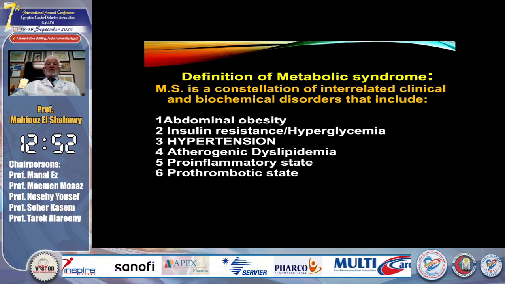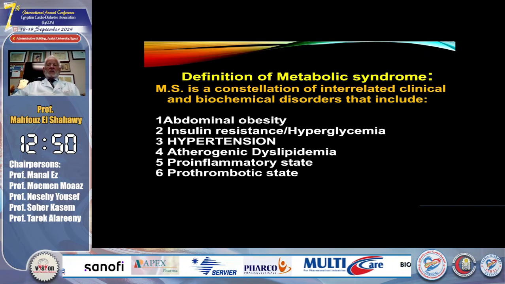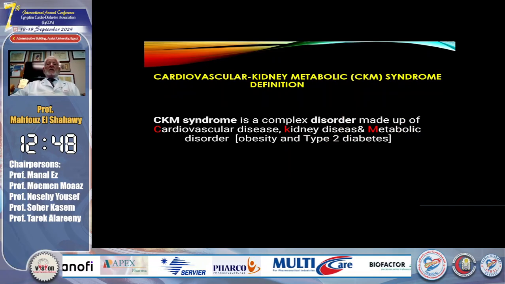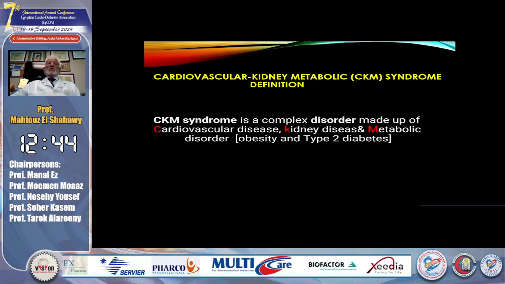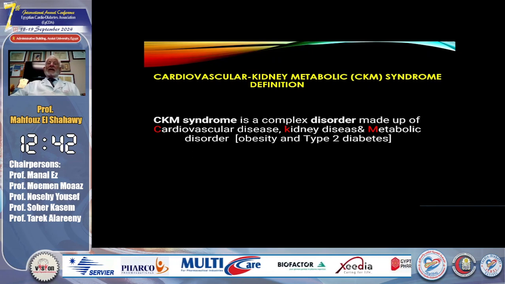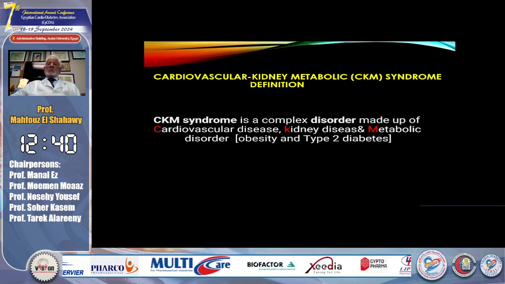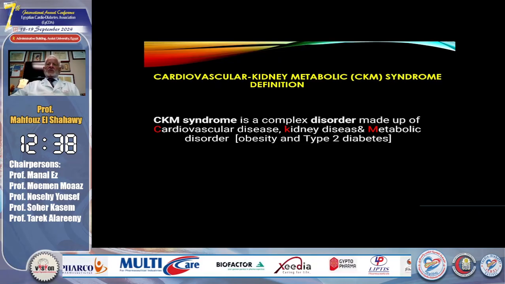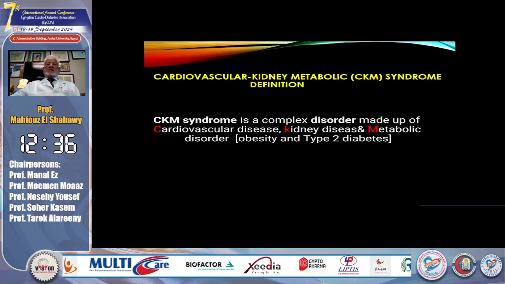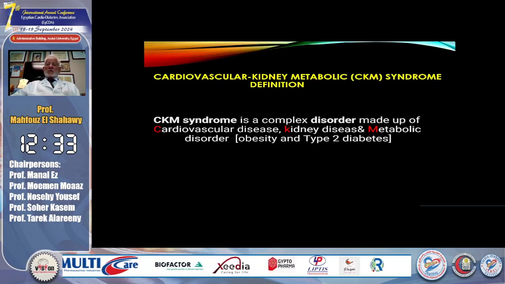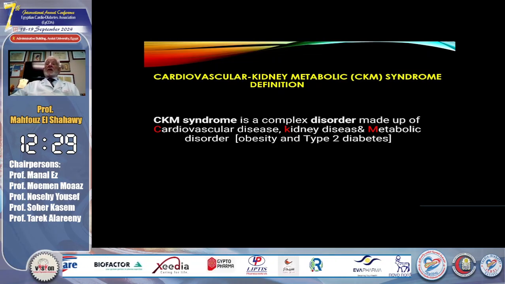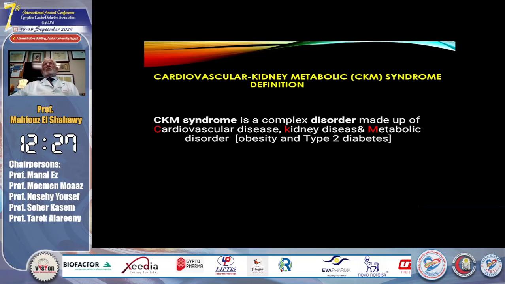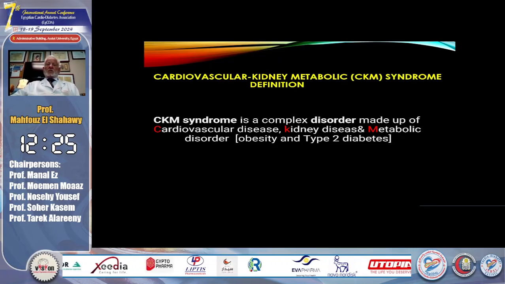Now, this is the definition of metabolic syndrome, as I just said. And here is the definition as contrasted with the cardiovascular-kidney metabolic syndrome, CKM. Get used to this title. It is a complex disorder made up of cardiovascular disease, kidney disease, and metabolic disorders such as diabetes and obesity.